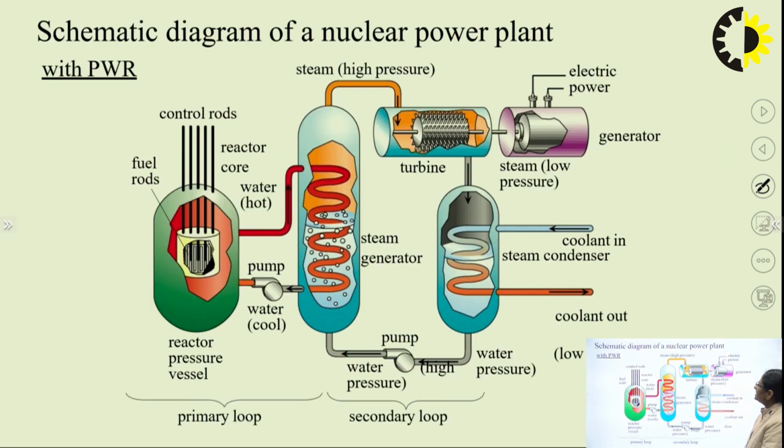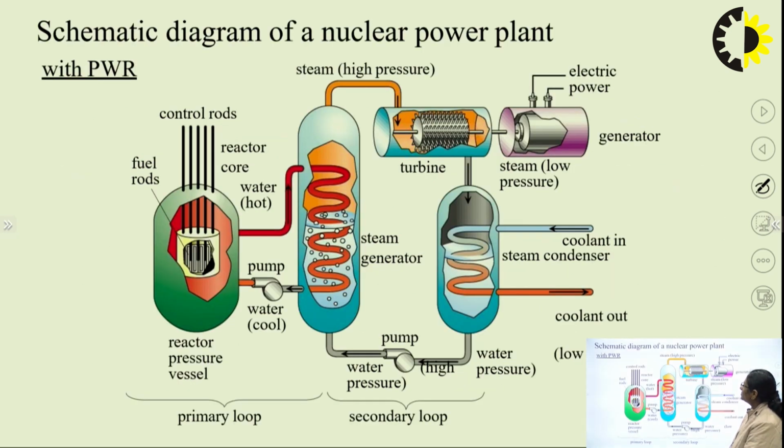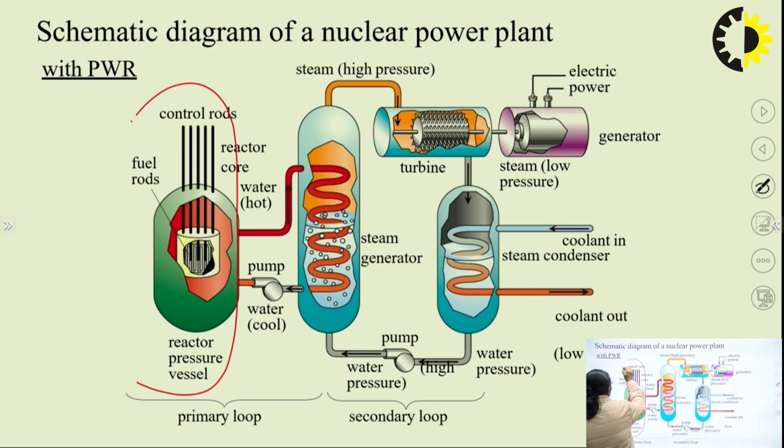Now let us see the representation of a nuclear power plant. The nuclear power plant is based upon nuclear fission, right? So this is the schematic representation. What you can see over here is the reactor power vessel. This is the area where nuclear reaction takes place.